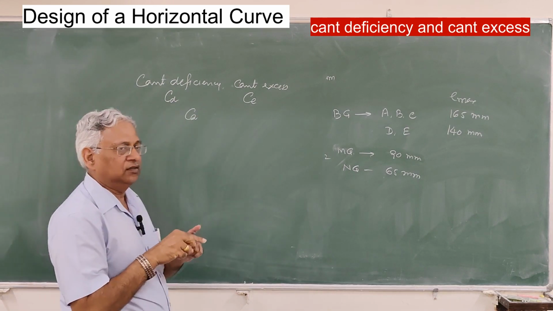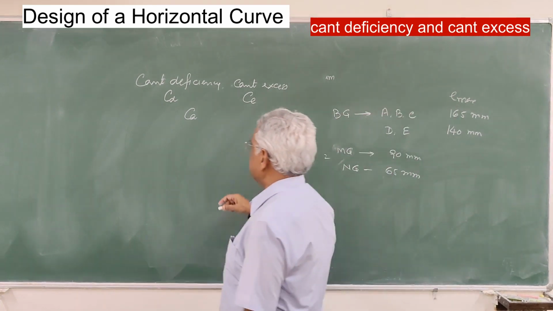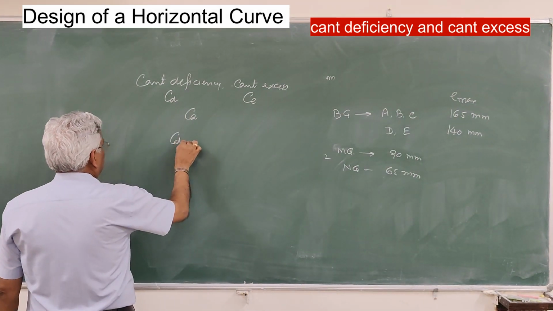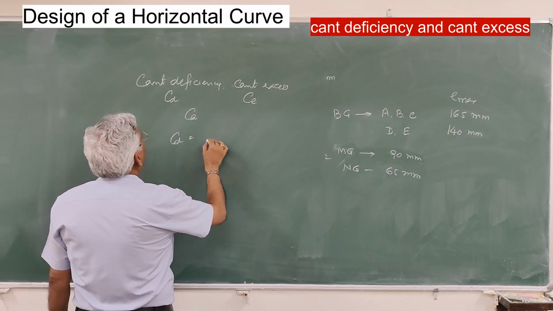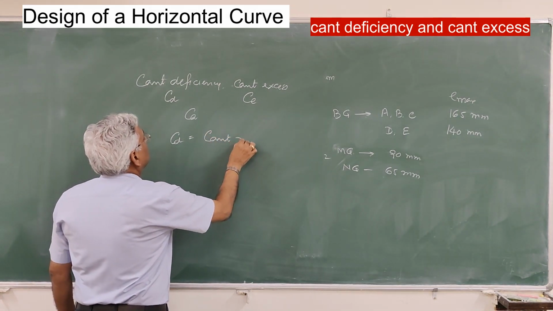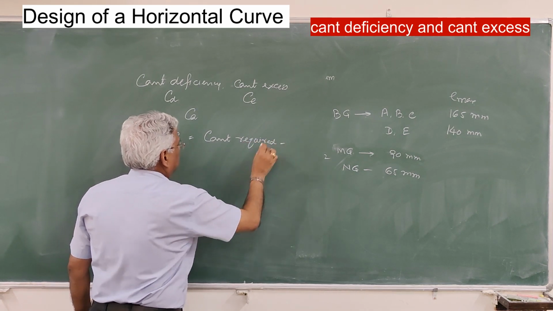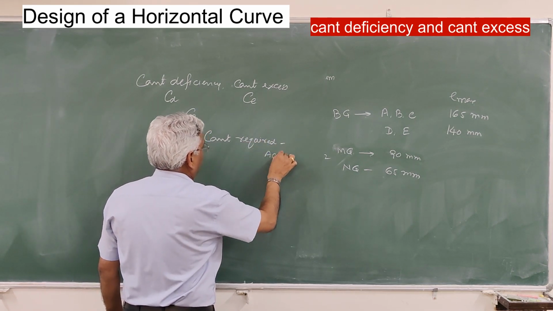Actual Cant provided on the track is denoted by CA. So CD, Cant deficiency, is Cant required minus Cant provided, the actual Cant provided.